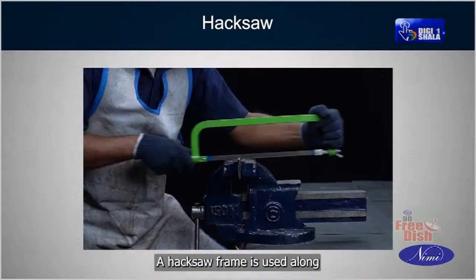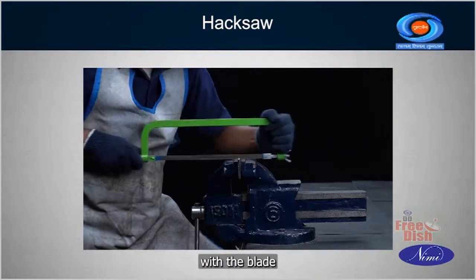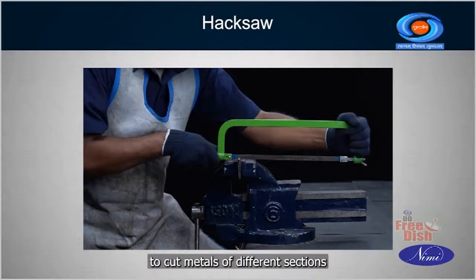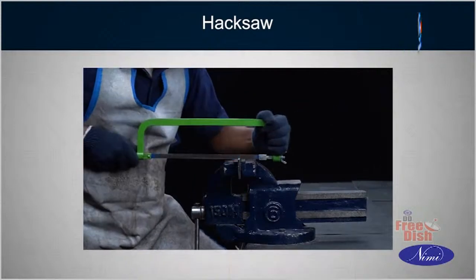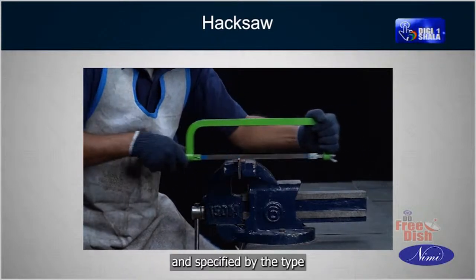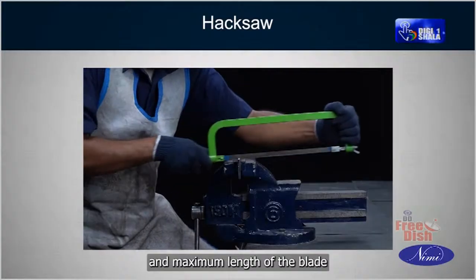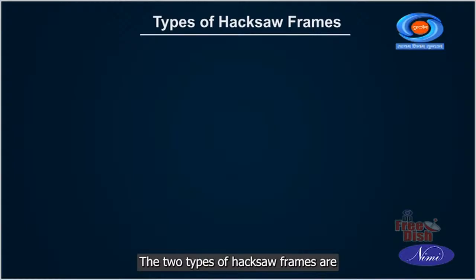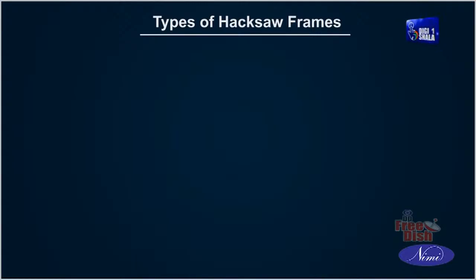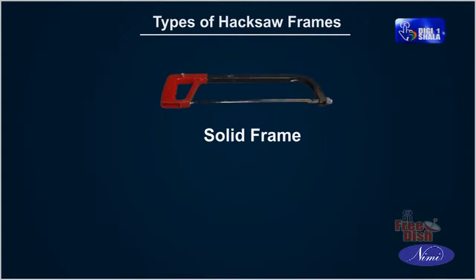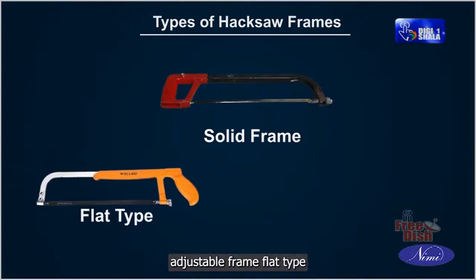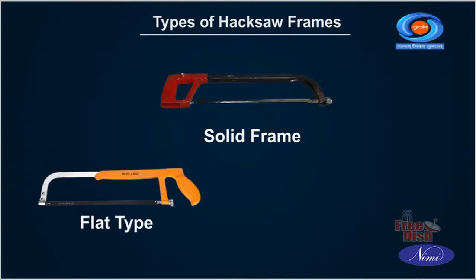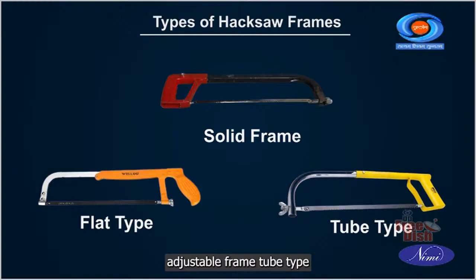A hacksaw frame is used along with the blade to cut metals of different sections and is specified by the type and maximum length of the blade that can be fixed. The two types of hacksaw frames are solid frame, adjustable frame flat type, adjustable frame tube type.